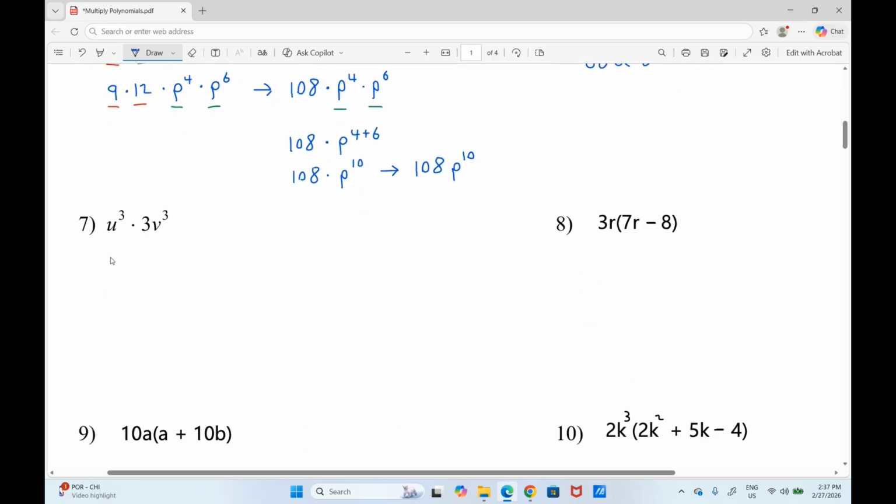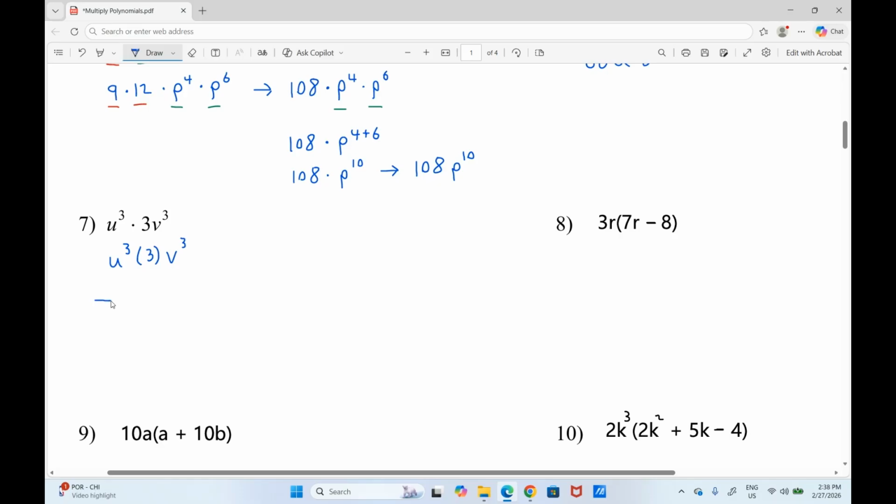Now moving on to question 7, I have u to the exponent of 3 times v to the exponent of 3. Now notice I don't have anything that is the same base here. So I can just write this as u to the exponent of 3, write a 3 here, and then write v to the exponent of 3. However, we're also taught in expressions, we want to let the number be the first thing we put on the left side, and then we want to order the variables alphabetically.